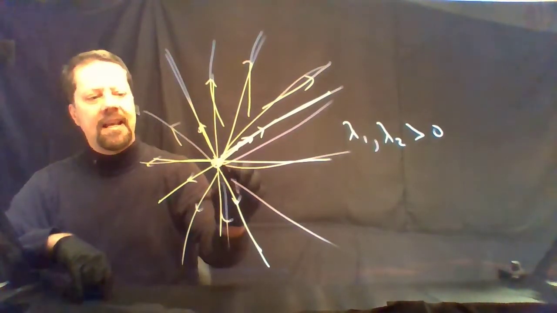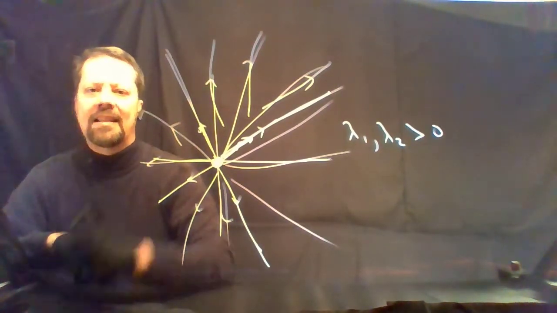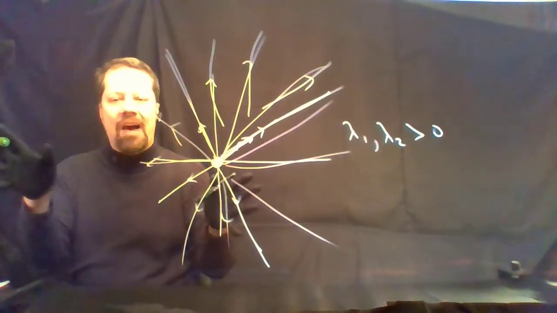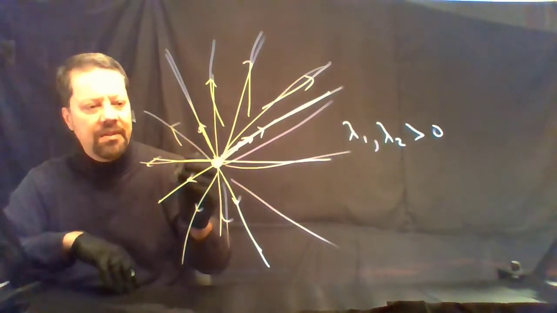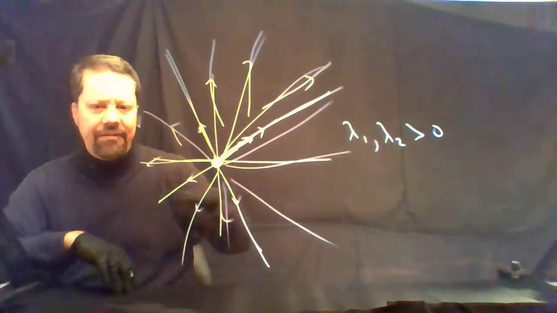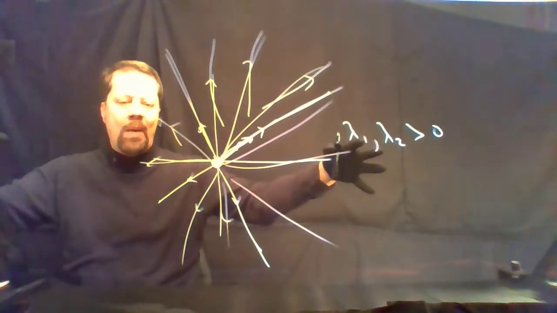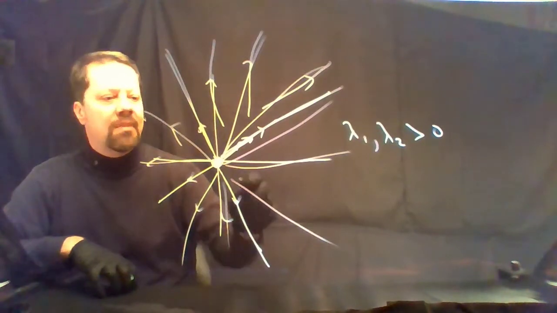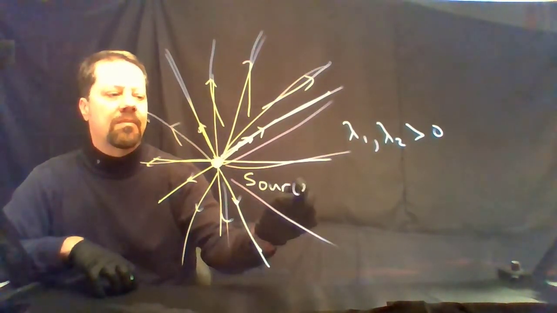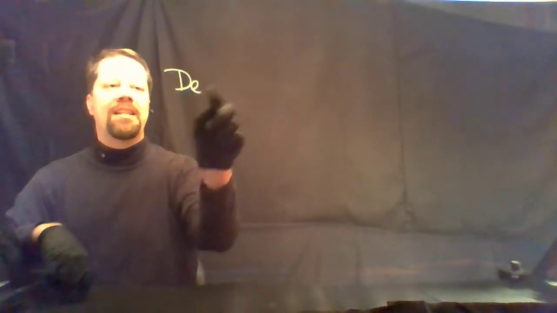You can see that in this case, the origin itself is acting like a source. The solutions are drifting out of that, kind of as though you have a hose coming out of a plane and having water drift away from that hose. In this case, we call this a source. We're going to make a definition.